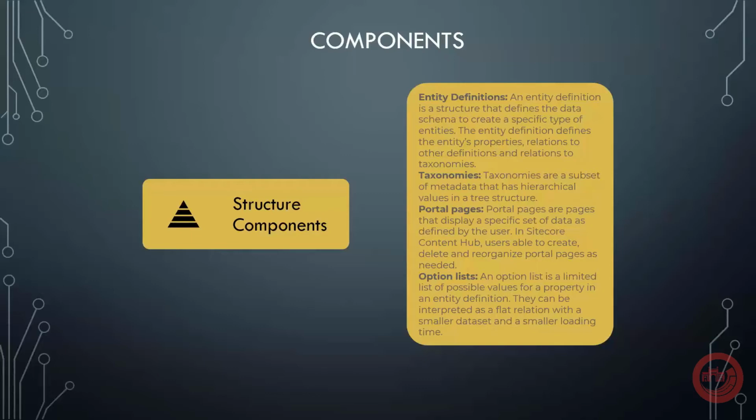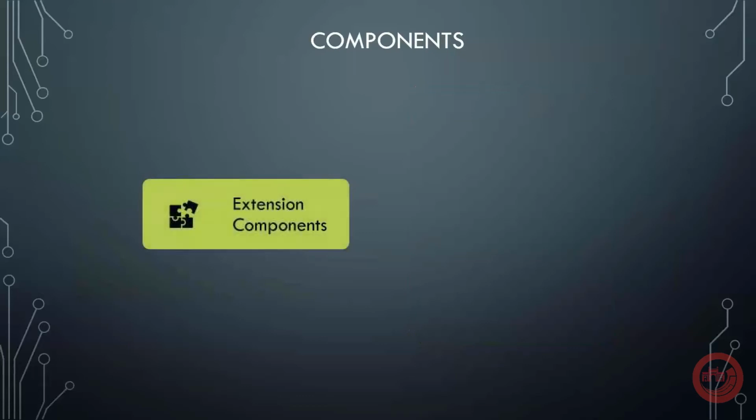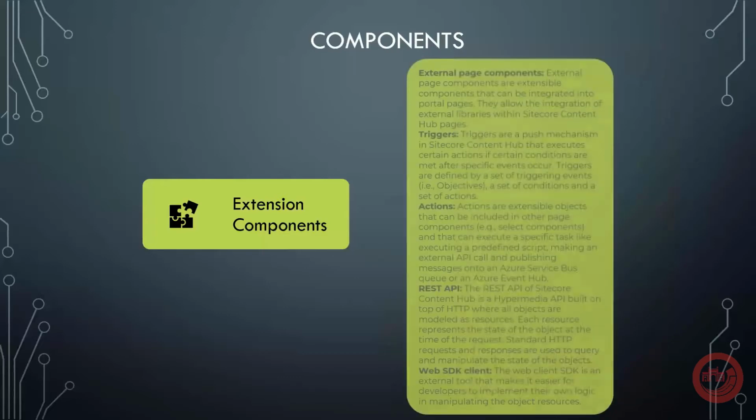But you're restricted. We can't just create any components and then tag them into the Content Hub page. We only have one way to create those customized components, which I'm going to show in the demos today. So that brings us to the third component type, which is extension components.